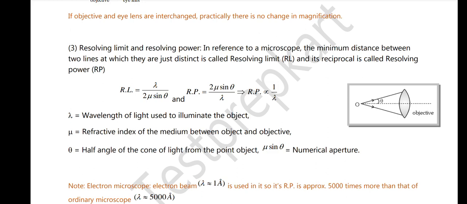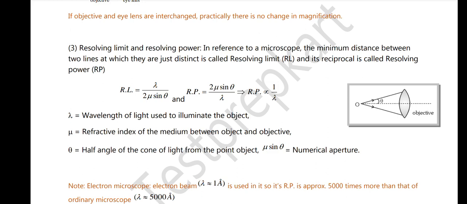In reference to a microscope, the minimum distance between two lines at which they are just distinct is called the resolving limit, and its reciprocal is called the resolving power.